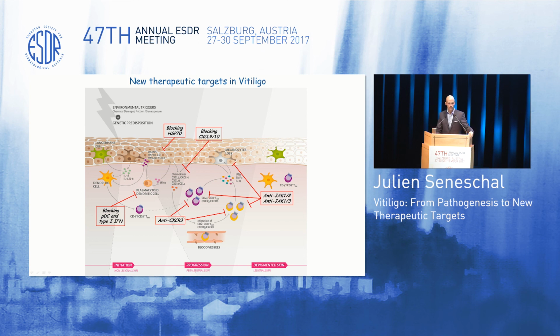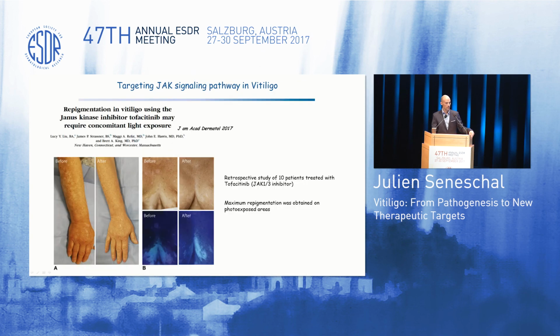So just an example, because tofacitinib is approved in the United States for treating rheumatoid arthritis. And here is a retrospective study of 10 patients treated with tofacitinib. But not all patients responded well.